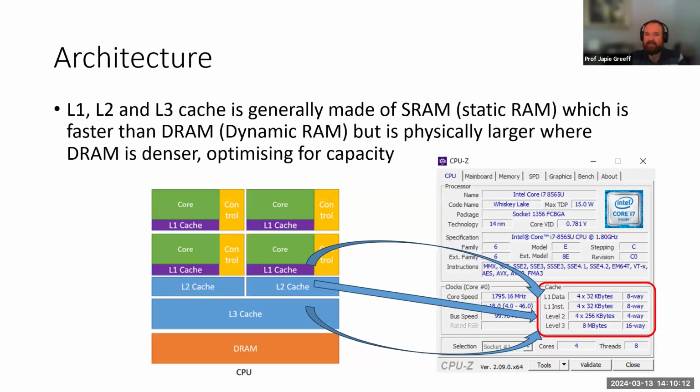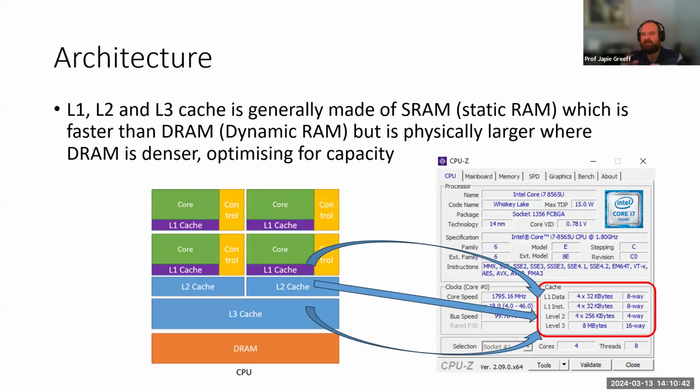Now, from a technology perspective, generally your level 1, 2, and 3 cache is going to be made up of SRAM or static RAM, which is much faster than DRAM or dynamic RAM. But this is obviously where the trade-off comes in, because static RAM is physically much larger on the processor. So it takes up a lot more space that you obviously trade off for the speed. Whereas DRAM, although it is much slower, is a lot more physically dense.